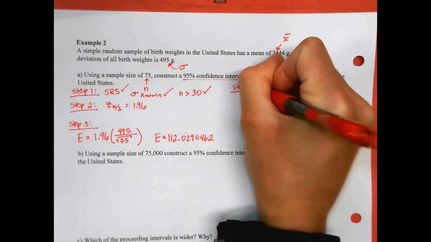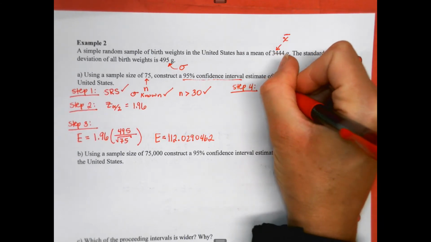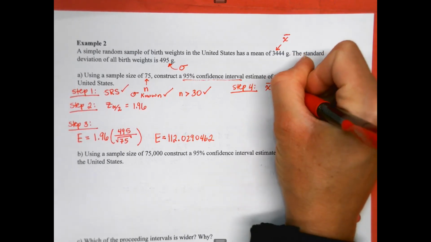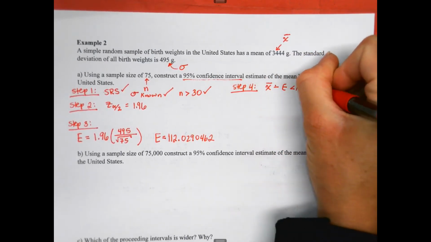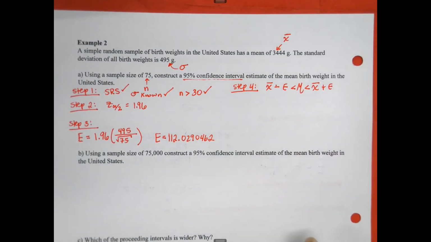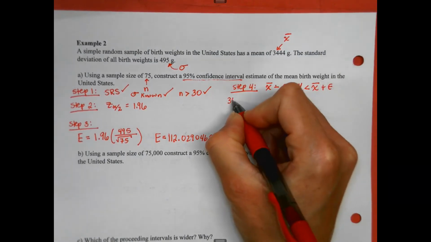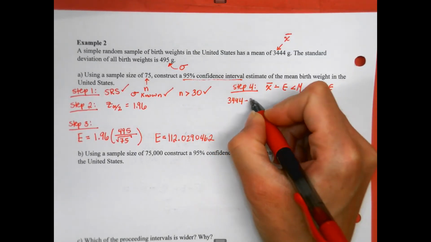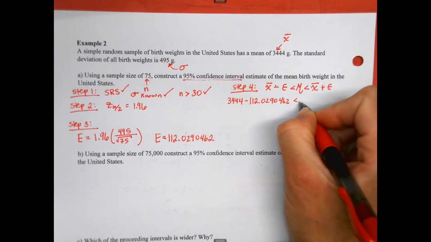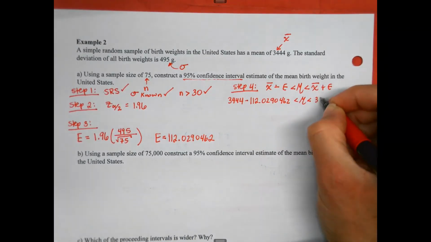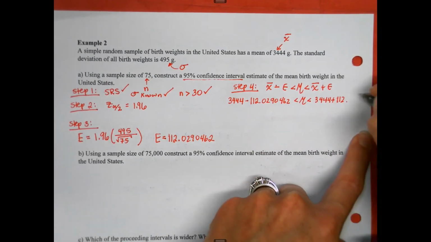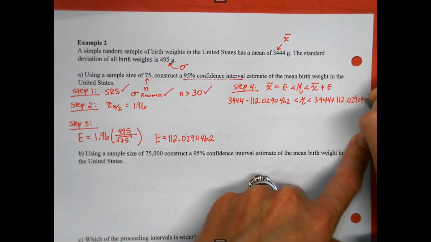The way that we set up our interval is we're going to take our point estimate, which is X bar, and subtract E from it, and then take our point estimate of X bar and add E to it. 3,444 minus 112.0290462 and 3,444 plus 112.0290462.